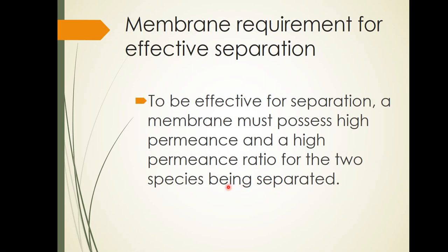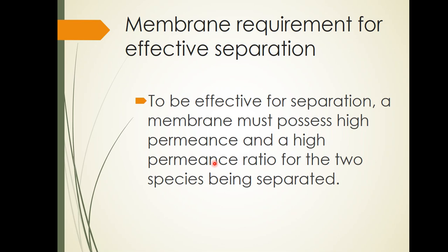Now, one major requirement of membrane separation, just like we have a requirement for distillation that relative volatility should be greater than 1, in the case of membrane separation, permeance ratio should be high. And what is this high permeance ratio or high permeance? The degree to which a particular membrane will allow a particular species to pass through it is its permeance.